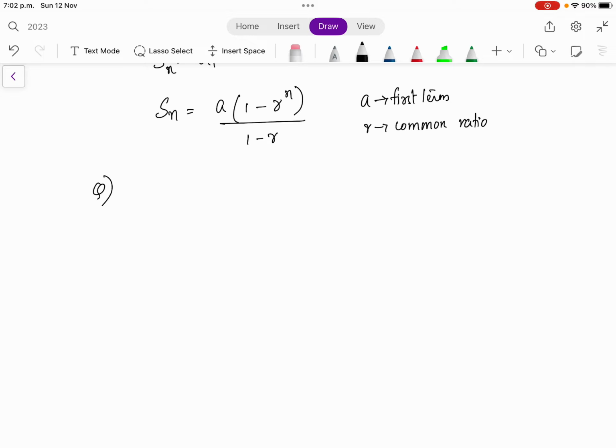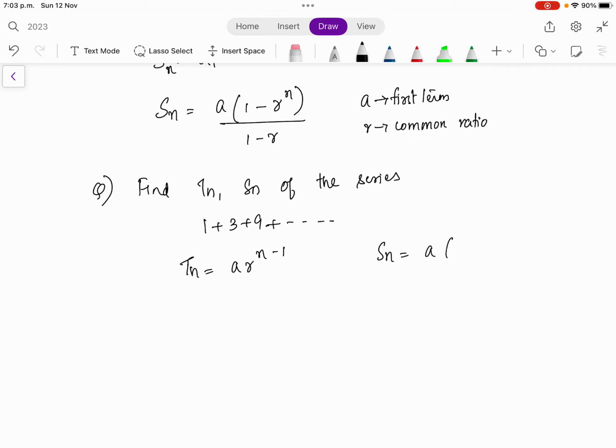Let's try some examples. The question is: find Tn and Sn of the series 1 plus 3 plus 9 plus etc. In this case, Tn is equal to a r to the power of n minus 1 and Sn is equal to a into 1 minus r to the power of n divided by 1 minus r.